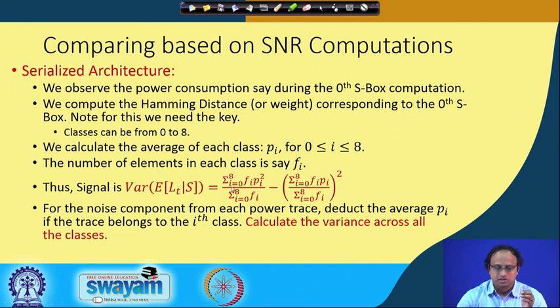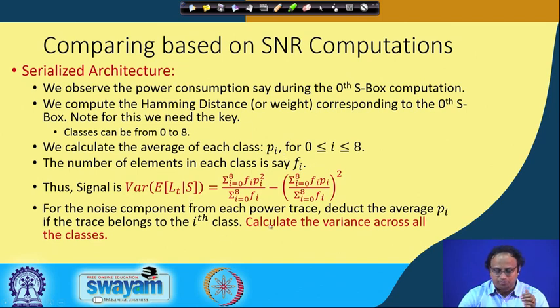This is sigma i equal to 0 to 8, because there are 9 Hamming classes 0, 1, 2 till 8, of Fi into Pi square, divided by sigma i equal to 0 to 8 of Fi, minus the square of the mean. So this is the mean of squares minus the square of the mean. The mean is given by the ratio of sigma i equal to 0 to 8 Fi Pi divided by sigma of Fi, and I square it. Then you get the variance of E(L|S).